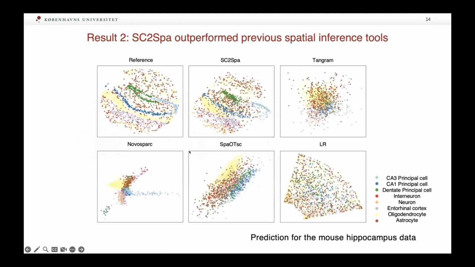And here we can show more intuitive images to see how SZ-SPA outperformed other tools. So the first figure is the true location of ST voxels, and the second figure shows the prediction from SZ-SPA. And we can see SZ-SPA recovered the location of the voxels much better than other tools.